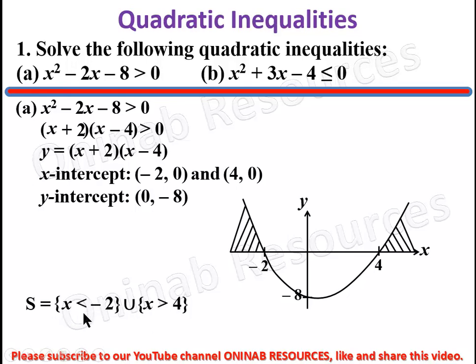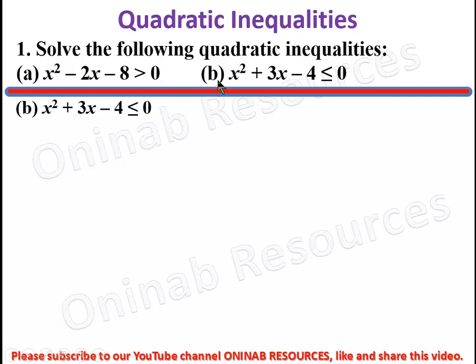That is to say, if you put negative 3, you are going to have a positive value. If you put positive 5, 6, 7 and so on, you always have a positive value, that is a number greater than 0. So we go to B part of the problem.